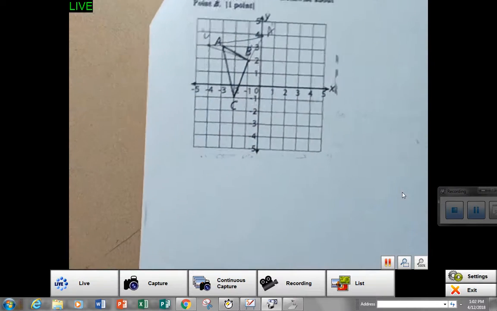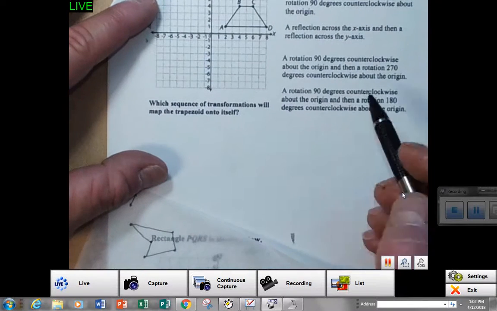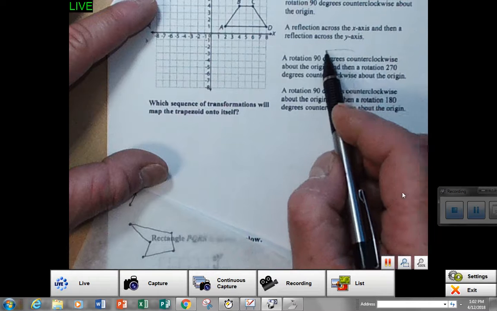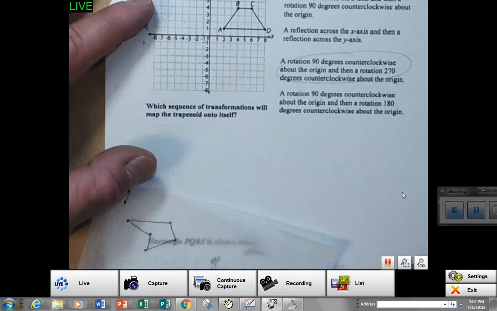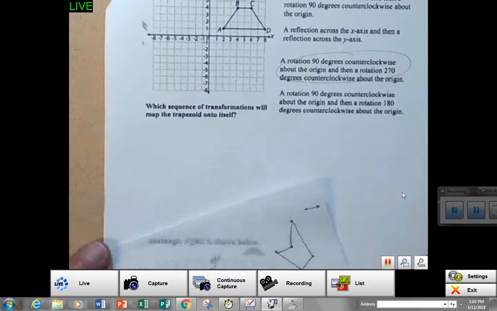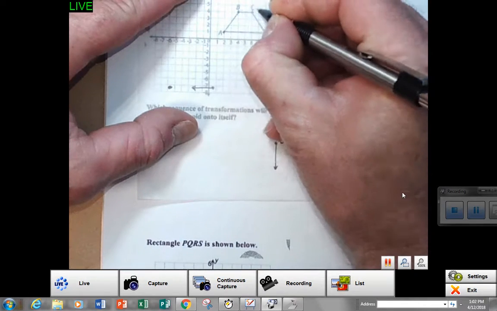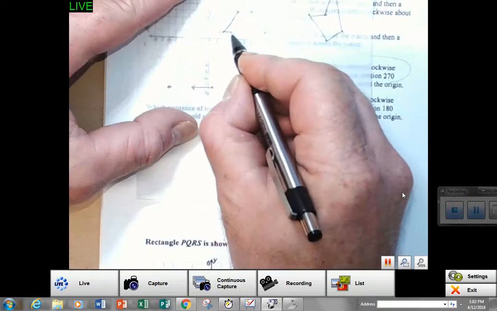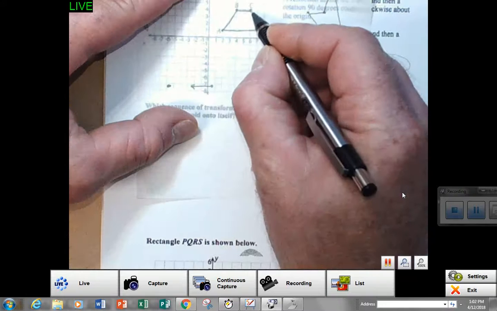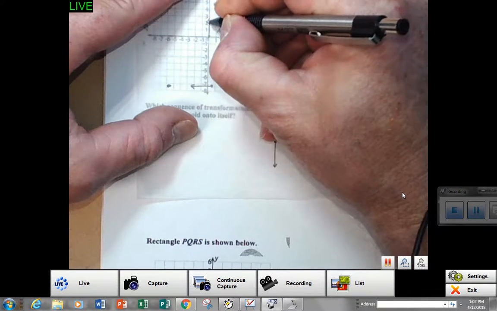All right, two more. For this one, the correct answer is for this guy right here. I'm going to rotate this 90 degrees counterclockwise and then 270 degrees counterclockwise about the origin, because it wants you to get back to itself. So the only answer that works for all of those, or for this choice right here, that's A, B, C, and D, is for me to take it and rotate it all the way around.